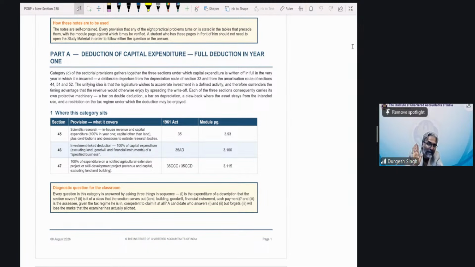That is it. They are not talking in this context of the interest particular part. For interest, for capitalization, ICDS 9. Beyond that, it is the full deduction, isn't it? That is how we all know in this context.